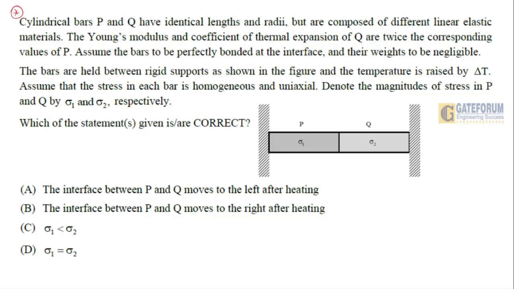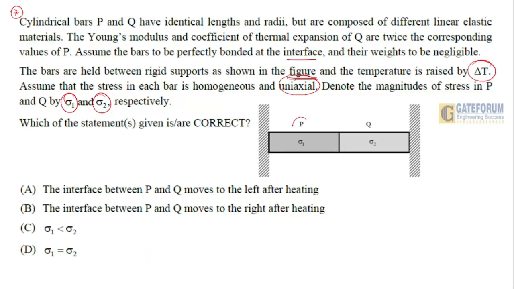The Young's modulus and coefficient of thermal expansion of Q are twice the corresponding values of P. Assuming the bars to be perfectly bonded at an interface and their weights to be negligible, the bars are held between rigid supports as shown in the figure, and the temperature is raised by delta T. Assume the stress in the bars is homogeneous and uniaxial. Denote the magnitudes of stress in P and Q as sigma 1 and sigma 2 respectively. Which of the statements are wrong?